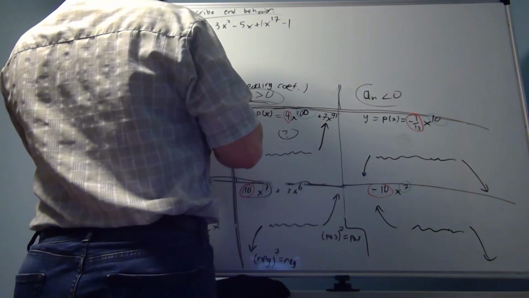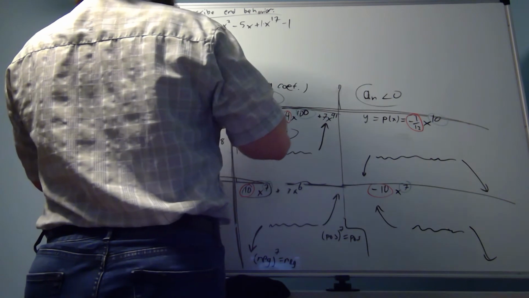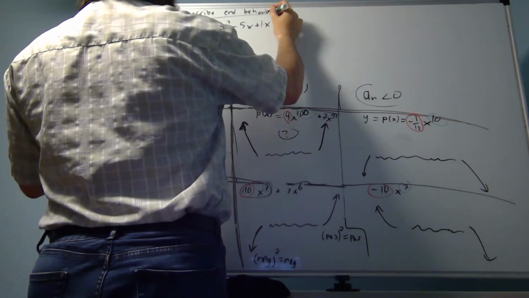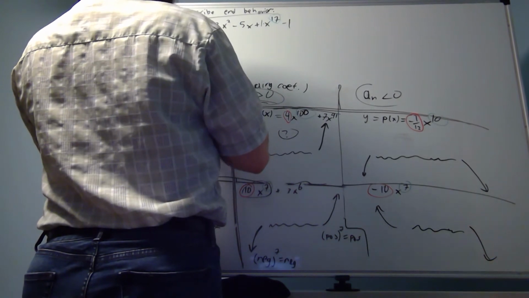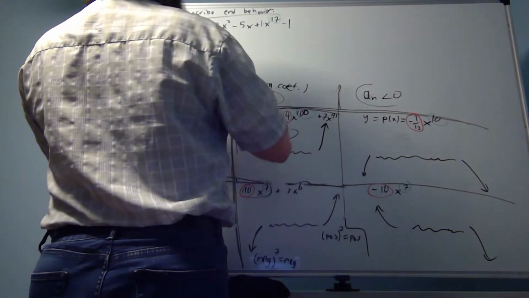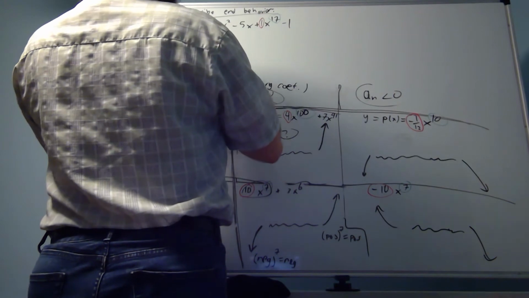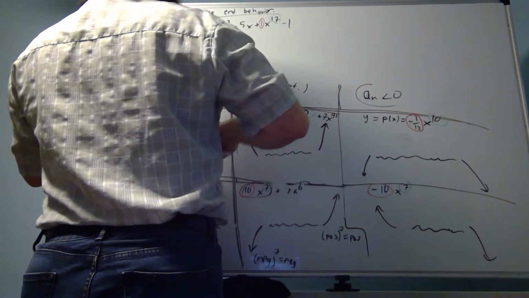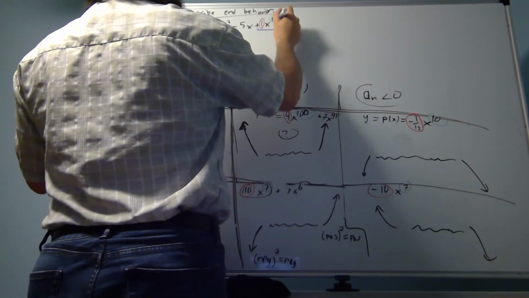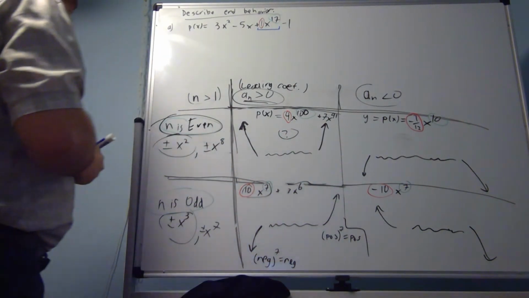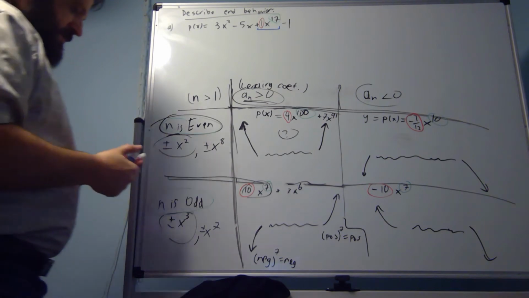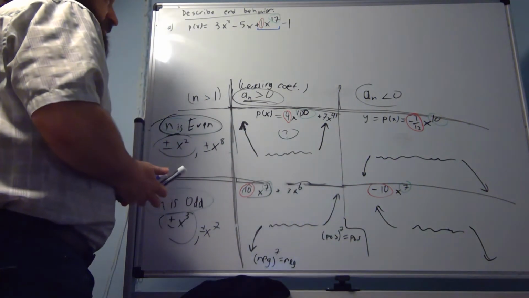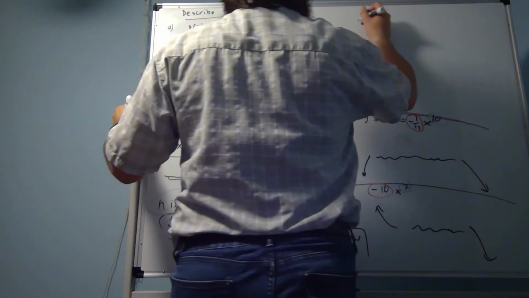I didn't explicitly write down a coefficient, but if it's x to the 17th, then that's the same as one copy of x to the 17th. So here's the coefficient. If you remember, the entire expression 1 times x to the 17th is called the leading term. So how does x to the 17th behave?